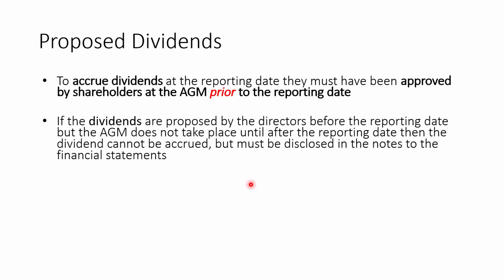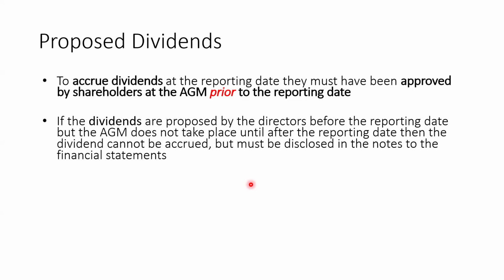So what we are saying here is that if the annual general meeting is not held before the reporting date, or if it's not held within the reporting period, for it to be approved by the shareholders, then you don't have to account for the dividend in the financial statement. You only have to disclose it.